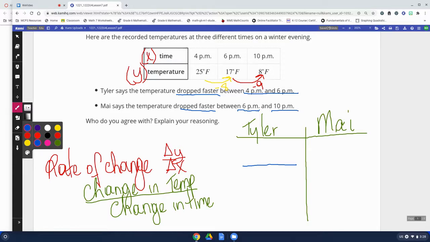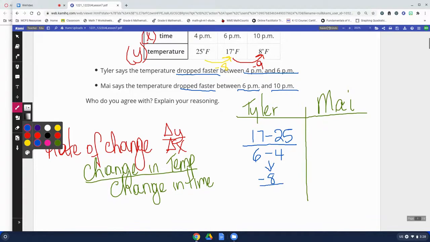For Tyler, it went from 4 to 6. The change in temperature is going to be 17 minus 25, the final temperature minus the initial temperature. When you do that, that gives you -8 over 2.